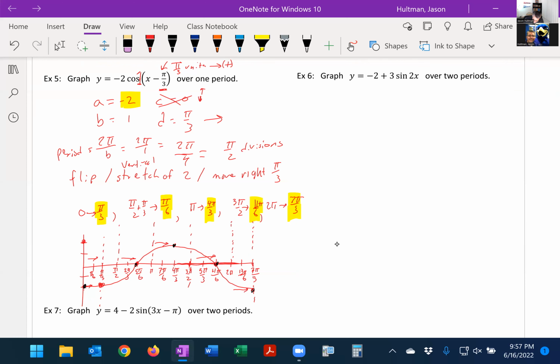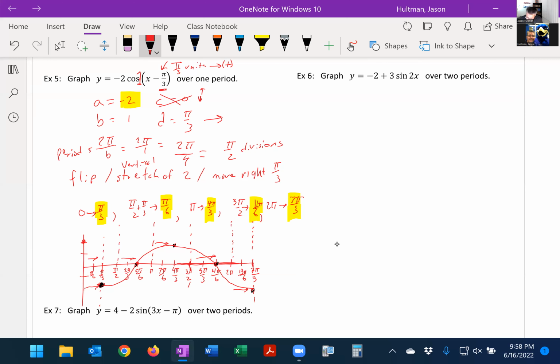That one should not be a black one here. I shouldn't have started there. I should start here at pi/3, because this original value was shifted over. And so we get this guy. Okay, so that's how we do that one.